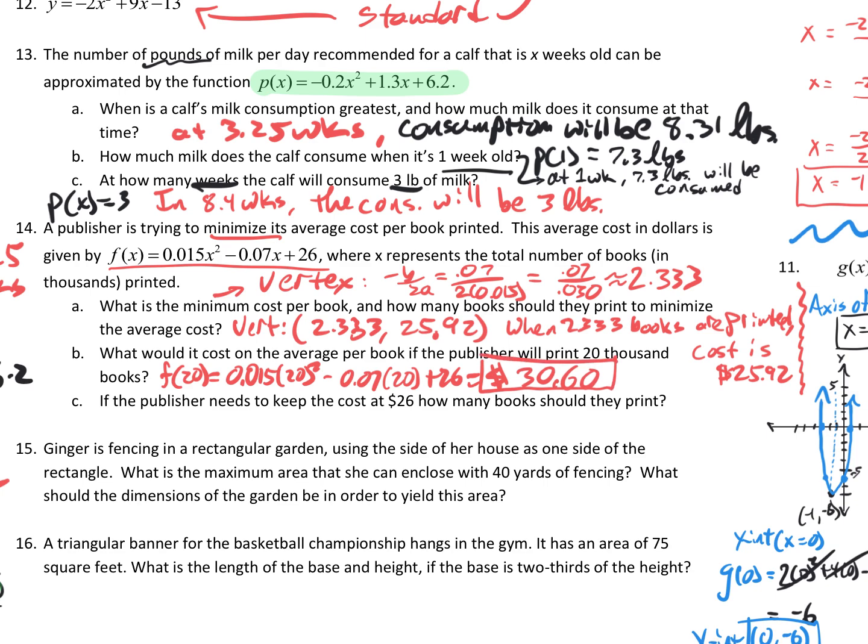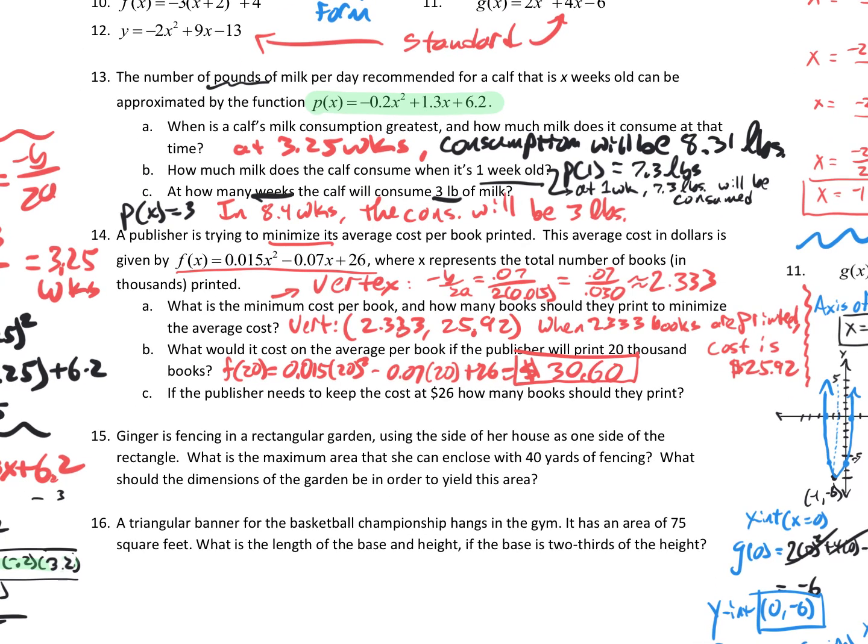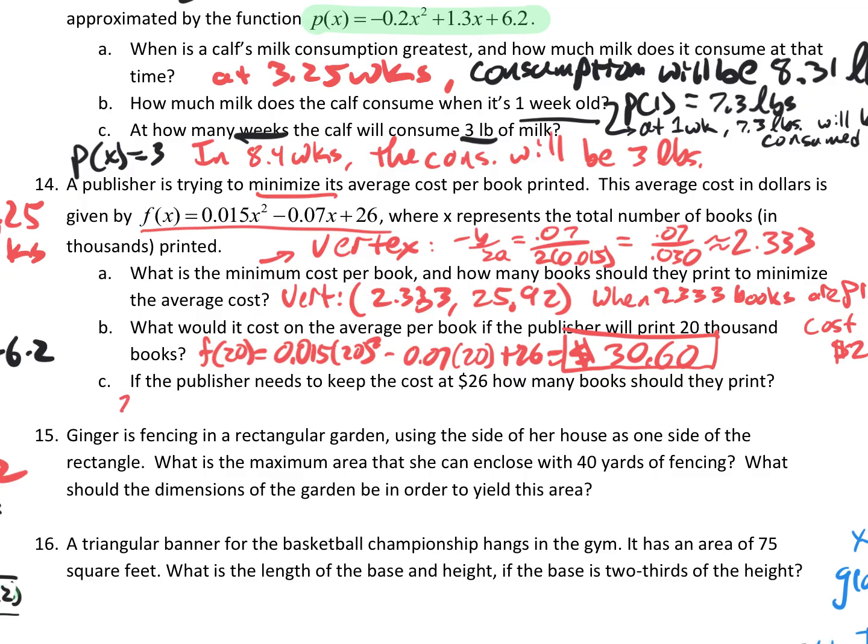Okay. If the publisher needs a cost of 26 bucks, how many should they print? Well, we're going to solve 26 equals 0.015x squared minus 0.07x plus 26. If we subtract 26, this becomes 0 equals 0.015x squared minus 0.07x.